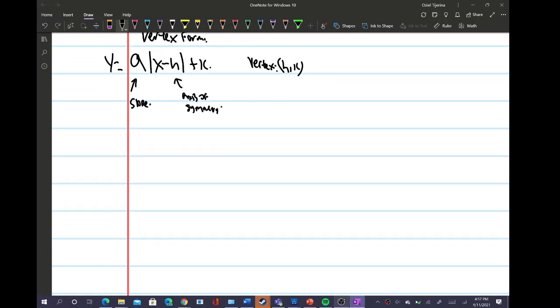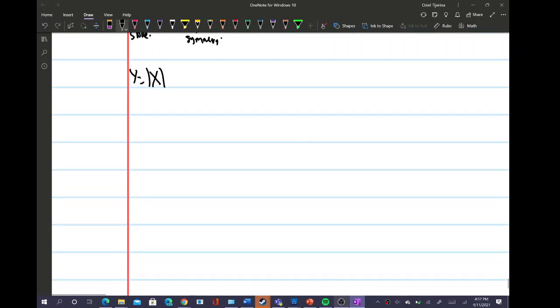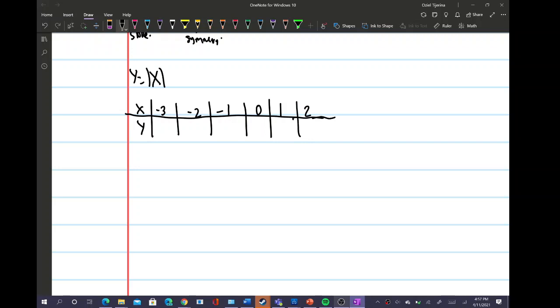And when you graph the parent absolute value function, y equals the absolute value of x, if we do a little x and y table, we can say, well, if I have -3, -2, -1, 0, 1, 2, 3.